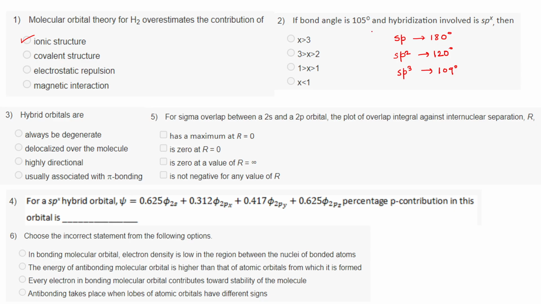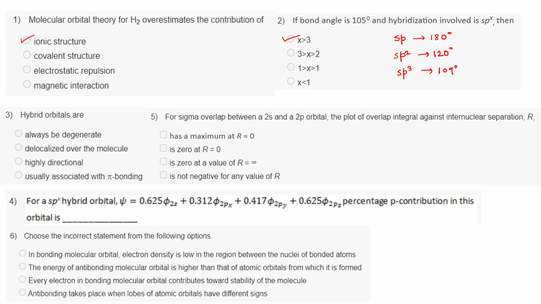So obviously, if the bond angle is less than 109 degree, which is 105 degree, then X has to be greater than 3, right? But cannot be less than 2. X cannot be less than 1. X cannot be a decimal less than 1, right? It can be decimal in some cases, but that is very arbitrary. Here it can be decimal, but it is actually more than 3. That's what we want to do.